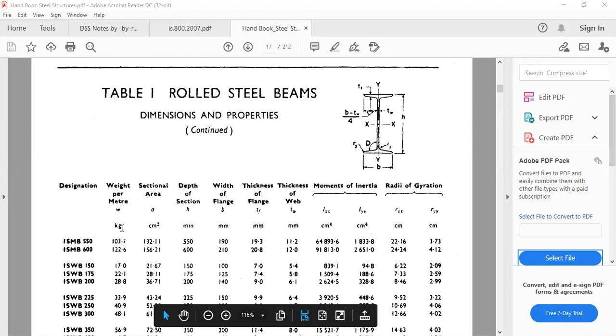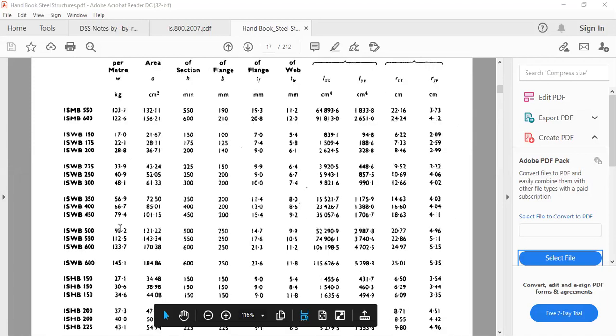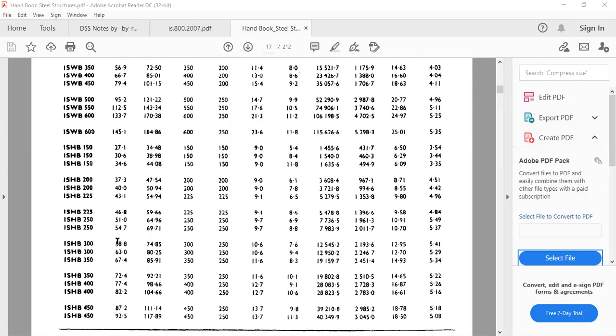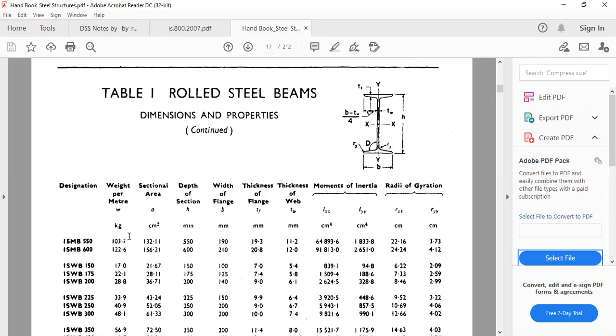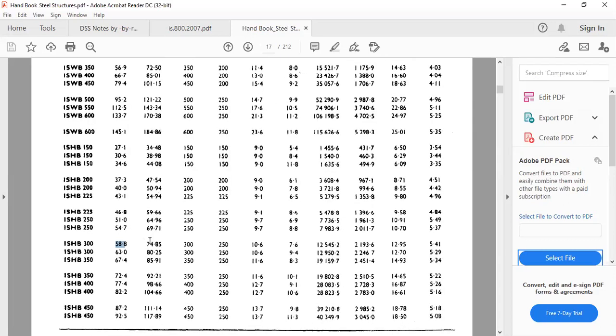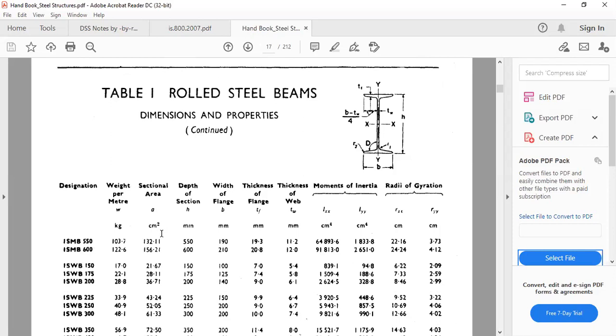Here they have mentioned the unit weight, so based on that we can find this section. 58 kg per meter is nothing but 577 Newton per meter. The area is 7485 centimeter square, so multiplying by 100 gives the area in mm square.